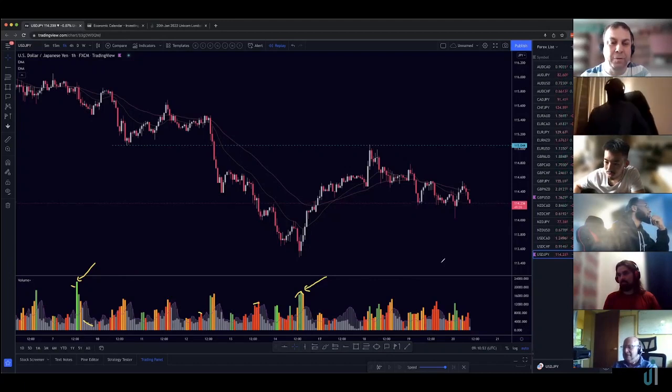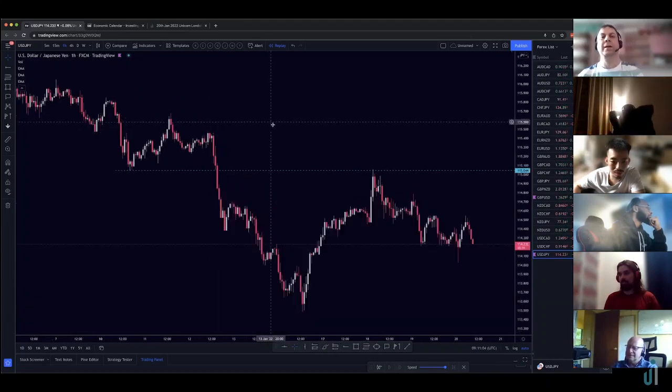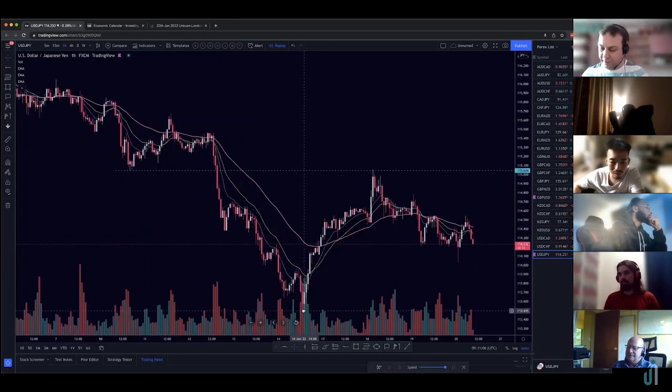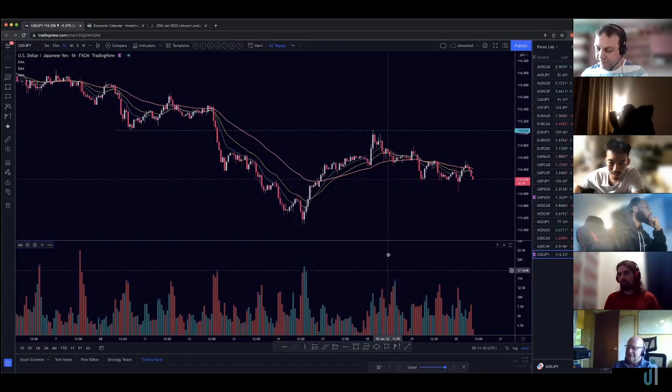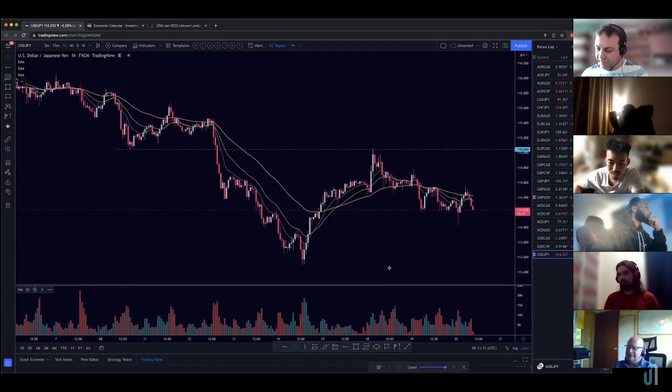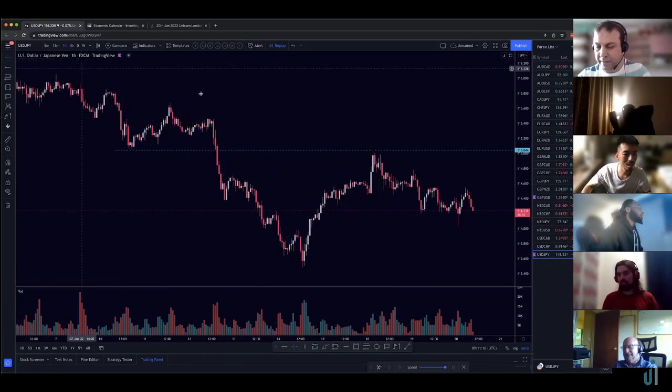We could see it on the classic volume indicator too. Yeah, you can. This is just a personal preference thing. It's the same thing. Good. Thank you.